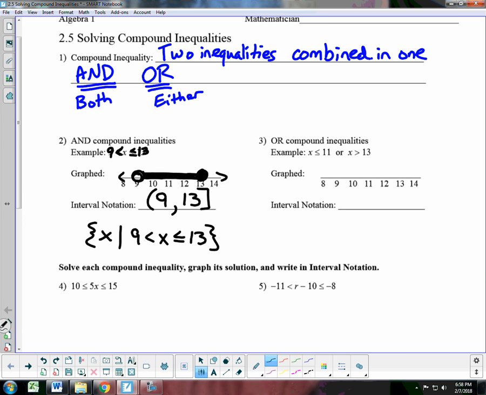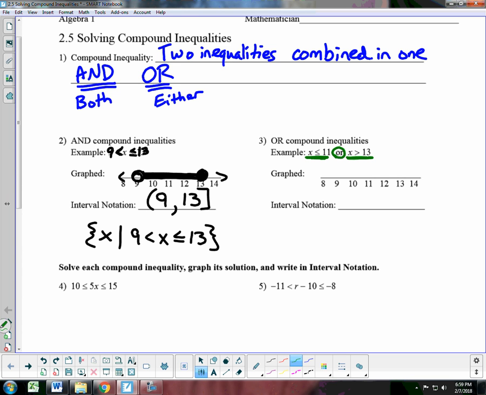Okay, now an "or" situation will be a little more obvious because we'll have the word "or" in between the two different inequalities that we're talking about. I usually like to put the less than and the smaller number on the left side and the larger number with the greater than sign on the right side, like how it's written right here.